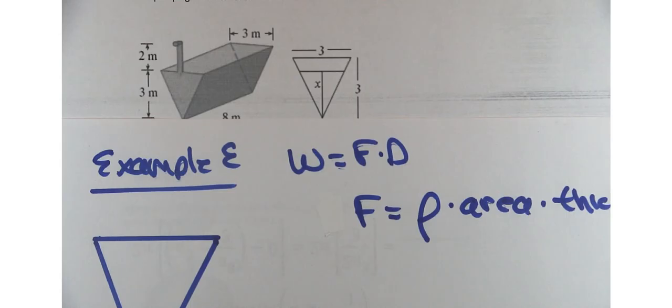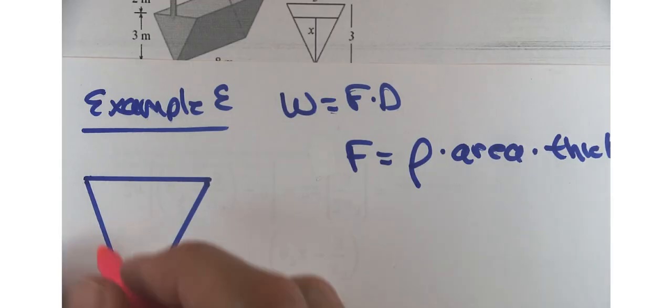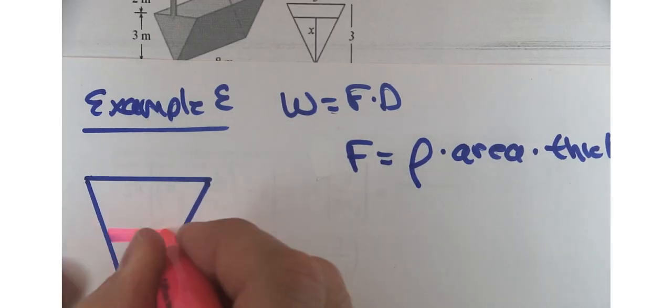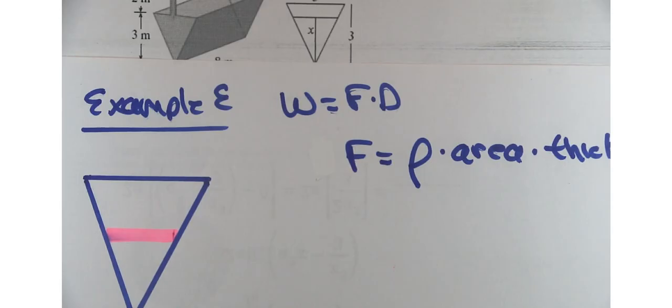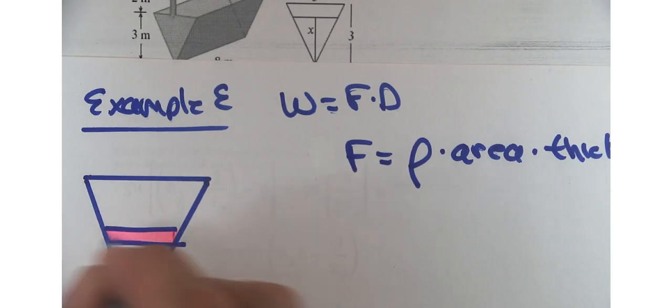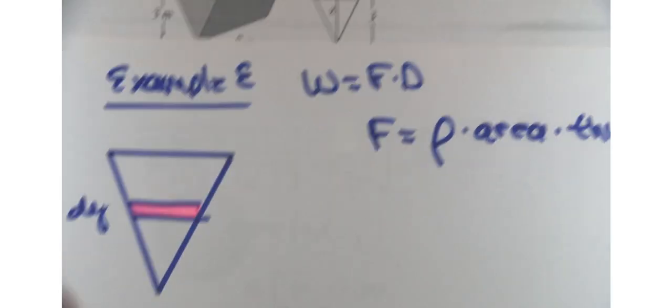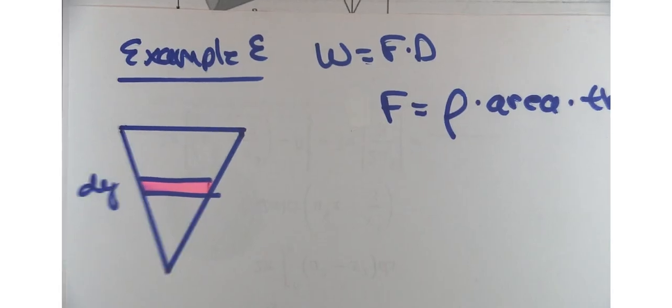And let's take a look at our slice here. Again, you're going to take a horizontal slice. So we're going to take a slice like this. That's going to be your thickness. What is our thickness for this one? You've got another dy slice. So once again, we're going to have to fuss around with things and solve for things in terms of y.